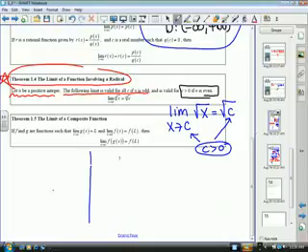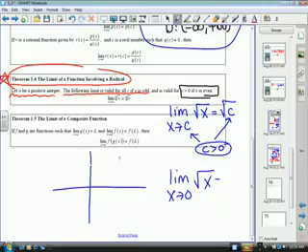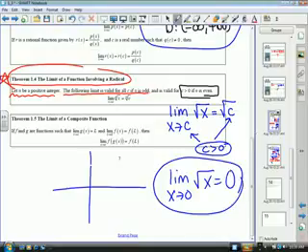My question though is, why can't I do it? And this is the one you always got to worry about. Why can't you do it at 0? What doesn't exist? Sure it is. Square root of 0 is 0. Good idea. You're on the right track though. Something doesn't exist there.